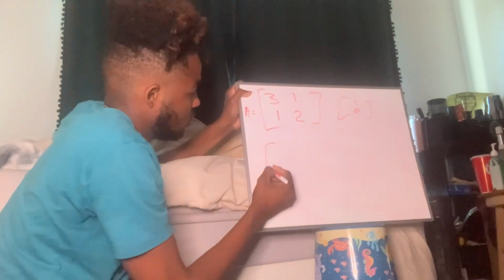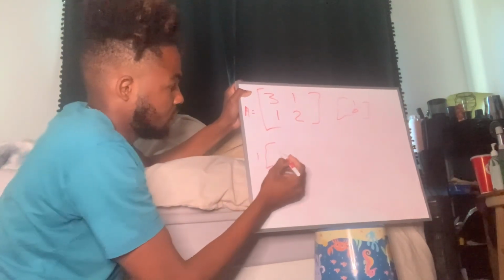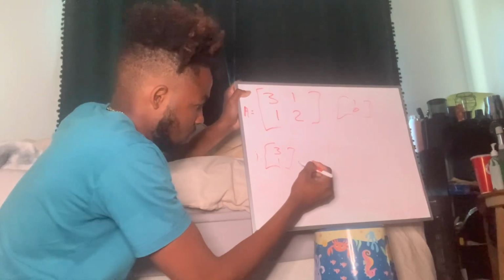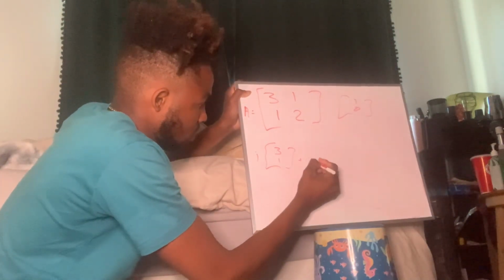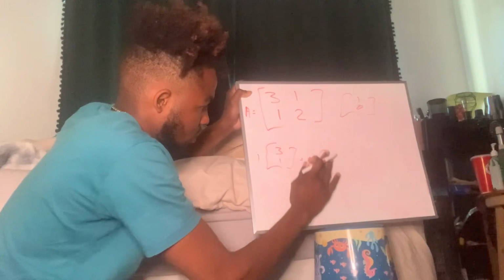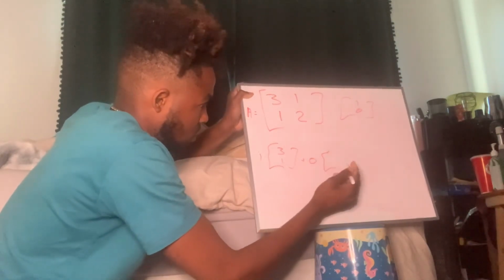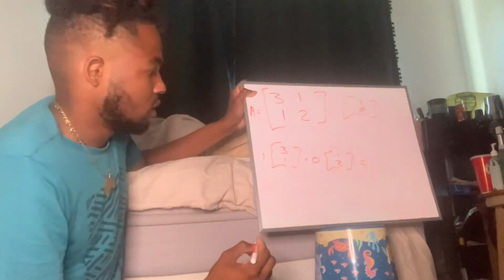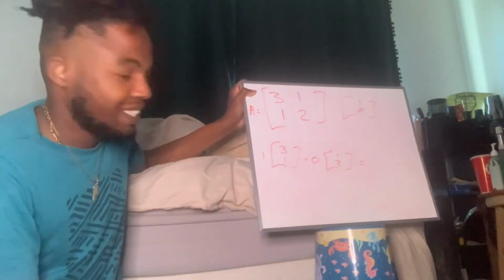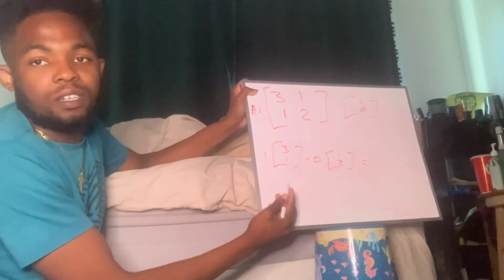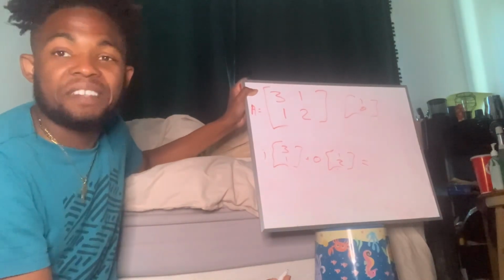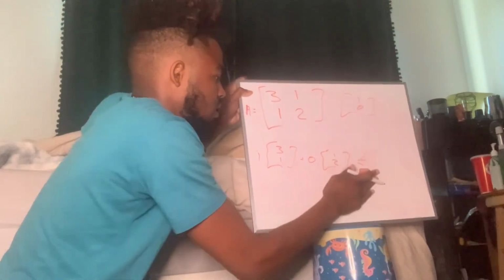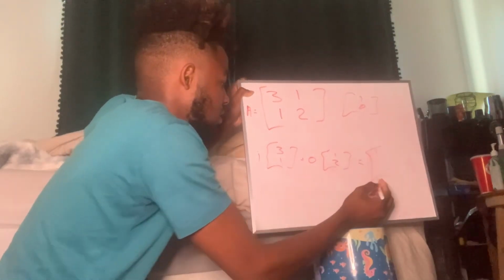From this, I like having 1 and 0 because I know it's going to be one of the columns. So when it's 0, it's going to be one of the columns.